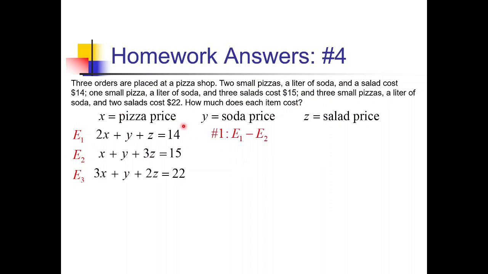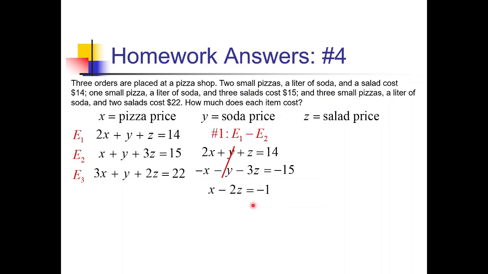So E1 I'm just going to cut and paste as is. E2 I'm going to negate all of this, so multiply it by -1. So negative X minus Y minus 3Z equals -15. And then adding these together, my Y's are canceling. We have 1X, and then this is going to be Z plus -3Z is -2Z, all of that equaling -1.